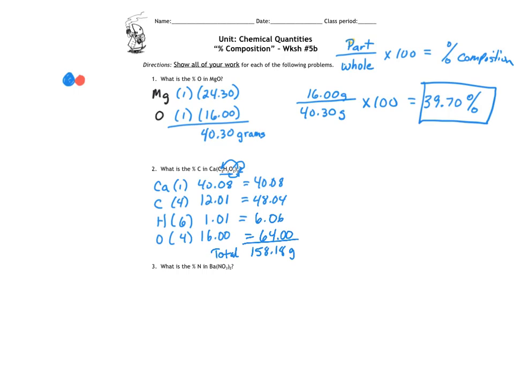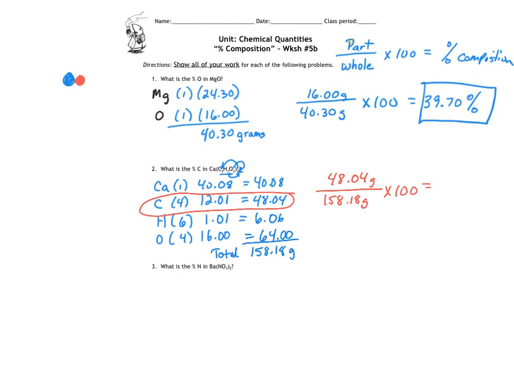Now I'm ready to find out my answer. The one I'm looking for is carbon. My total amount of carbon was 48.04 divided by my total, 158.18 grams, times 100. Put those in the calculator.